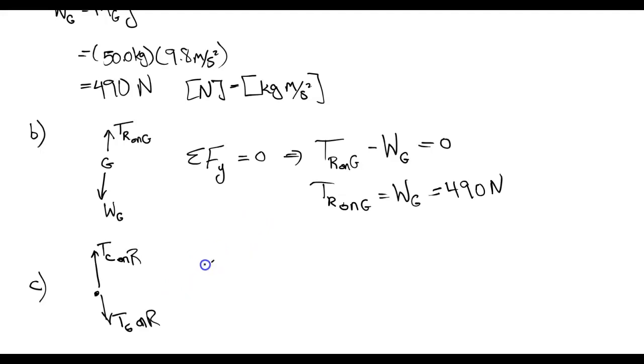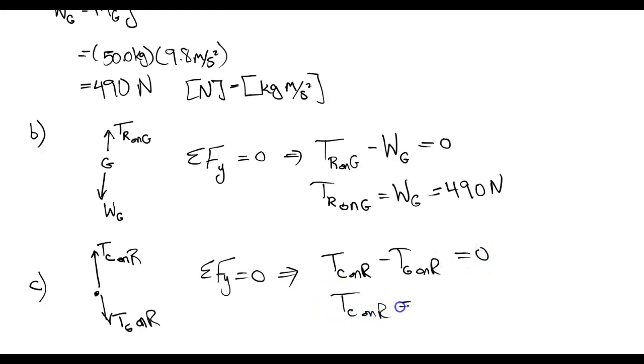And again, if we consider equilibrium, and we notice that there's only movement in the y direction, forces in the y direction, that gives us that T sub c on r minus T sub g on r equals 0. So T sub c on r equals T sub g on r.